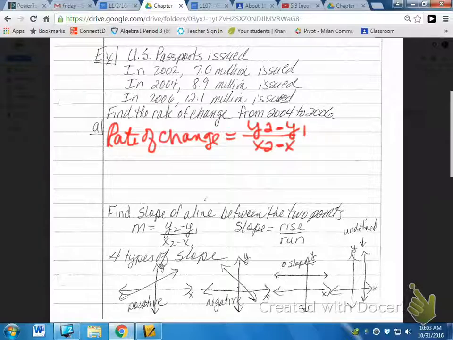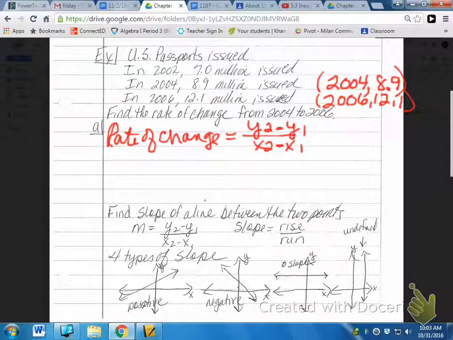It says from 2004 to 2006, so for 2004, I could write an ordered pair: 2004 and 8.9, and we know that's in millions. And for 2006, that would be 12.1. Putting them as ordered pairs makes it easy to use the slope formula, plugging the values in and solving. And that's exactly what I'm going to do right now.